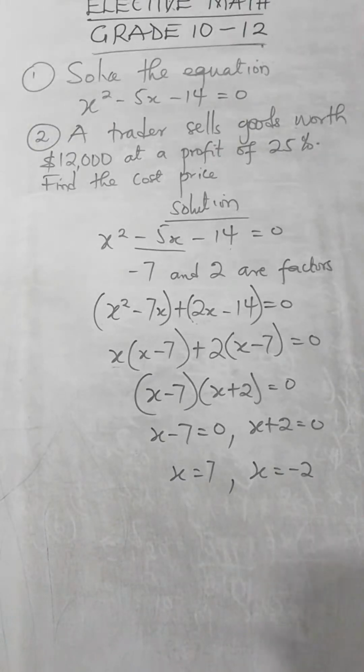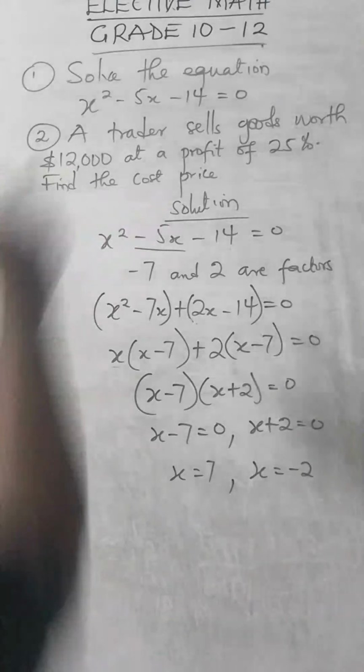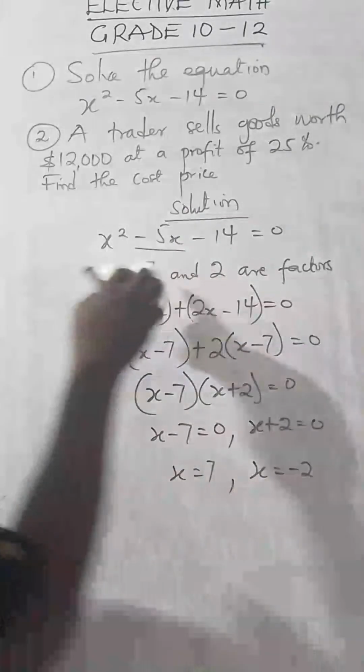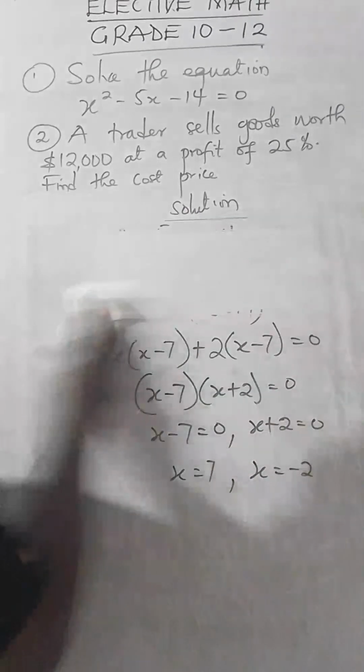Then the second question. We have a trader who sold, as question 2.